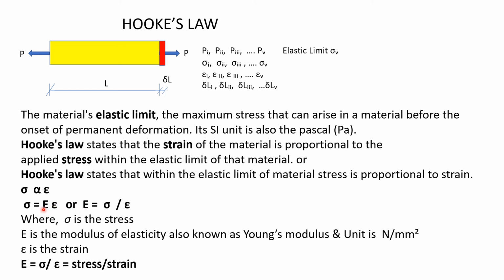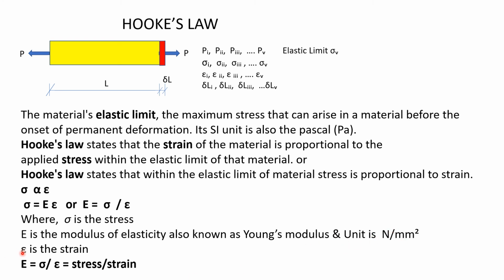Or if I write E is equal to, this strain will go down here, so sigma upon strain, where sigma is stress and capital E is called the modulus of elasticity, or it is known as Young's modulus, and its unit is Newton per mm square, the same unit as stress.